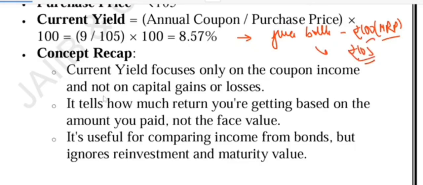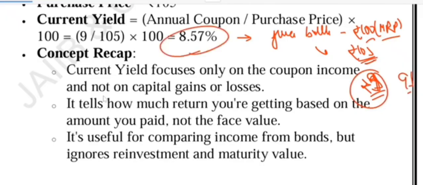You still get the same juice. Here the juice is the 9 rupees coupon, but your cost is higher. So your return is a bit lower than expected. You expected 9% return, but since you paid more, your return will be 8.57%, which is lower than the expected return. That is what current yield is all about.